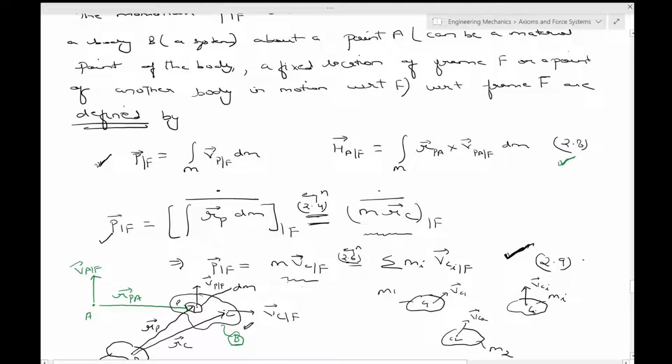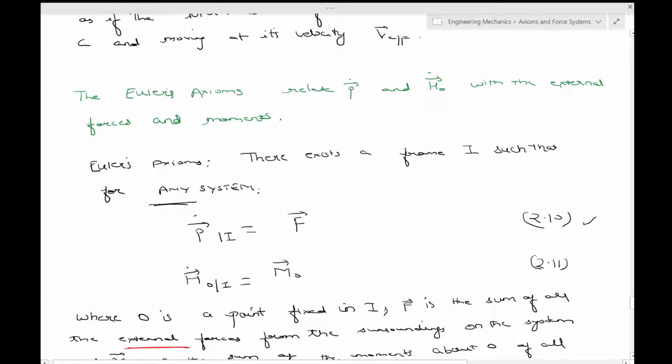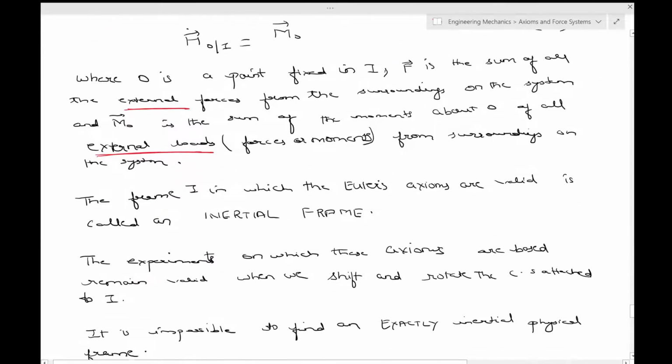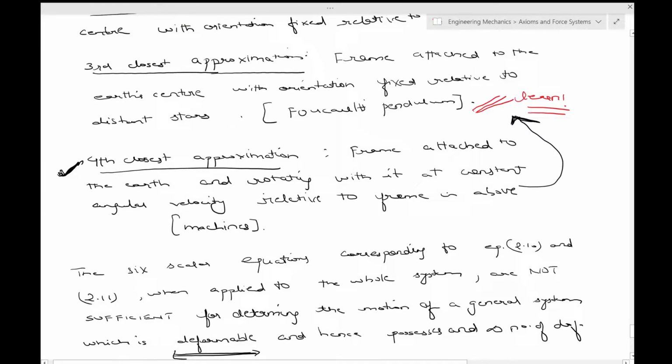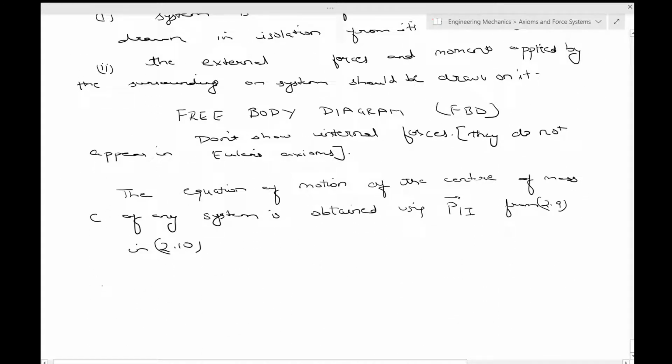You already have it in terms of the center of mass over here, and you have to put that in 2.10. Okay, so what would that give us? It would give us the force.